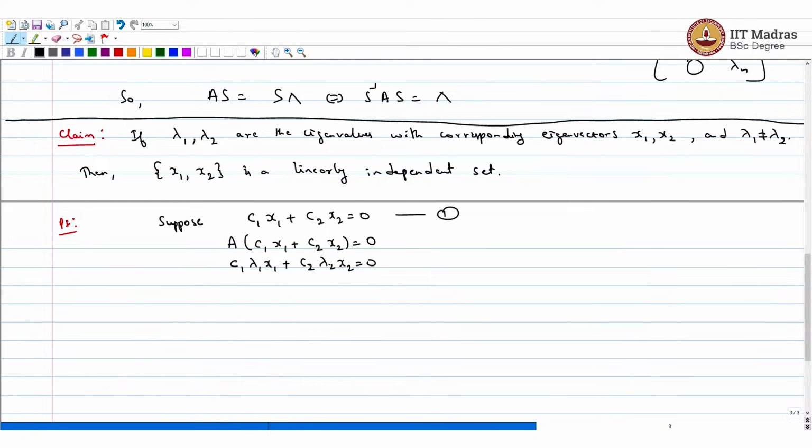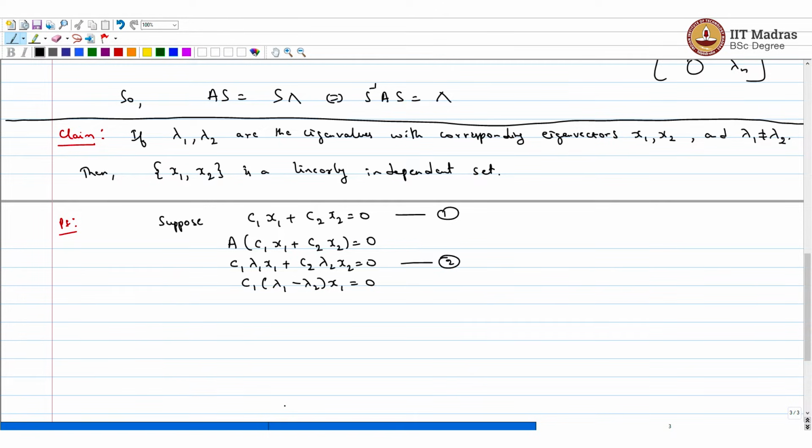Call this equation 2. Which is like saying that C1 times (lambda 1 minus lambda 2) times x1 equals 0.